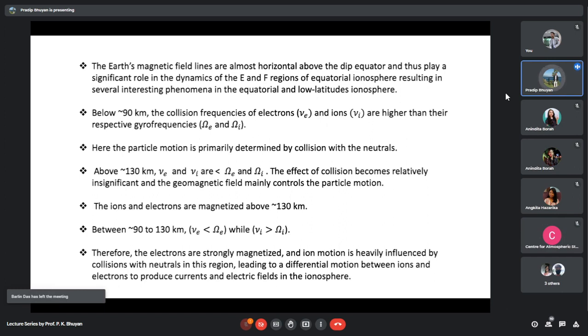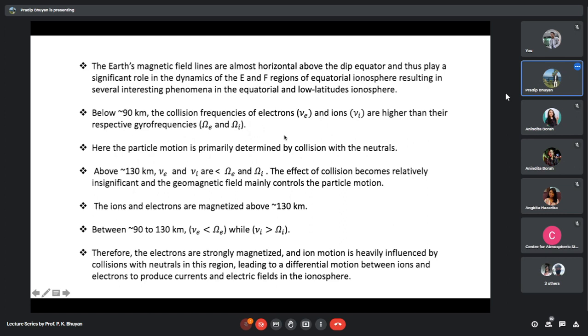All these ions and electrons have their gyro frequencies, and without going into detail, because all of us are aware of that, I will skip that and note that these collision frequencies are higher than their respective gyro frequencies. This actually determines certain other things. So particle motion is primarily determined by collision with neutrals.